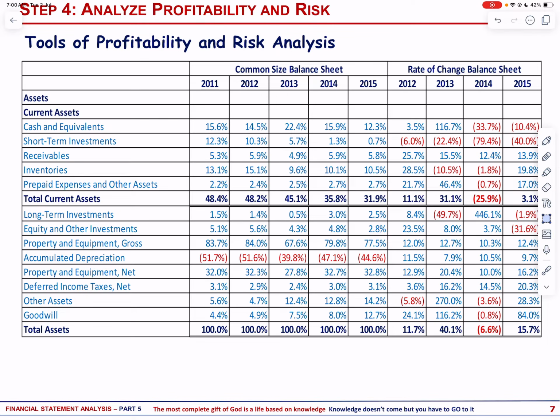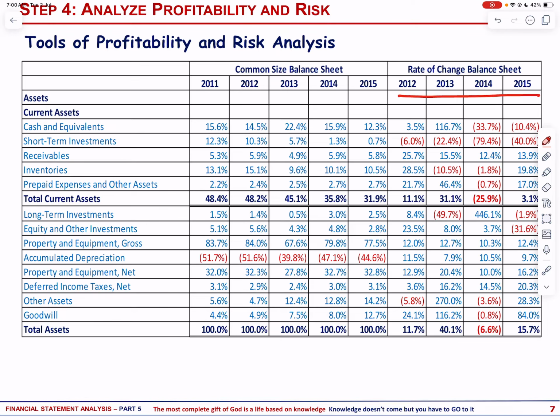Now, the rightmost column of the financial statement for Starbucks from the year 2012 to 2015 shows percentage changes in balance sheet items.